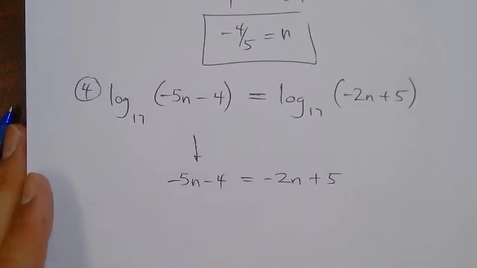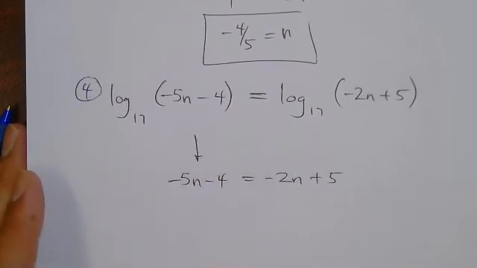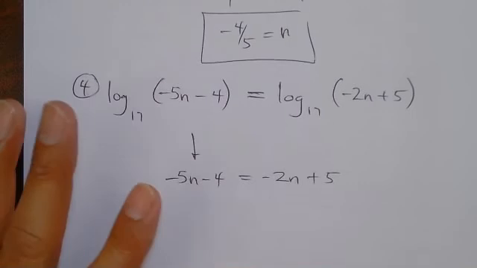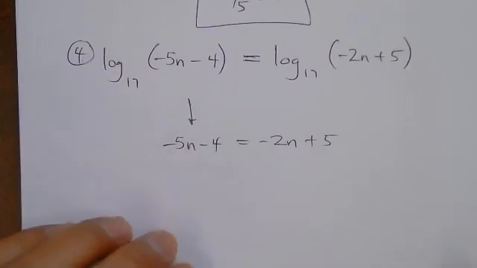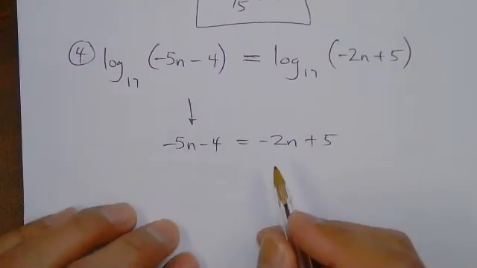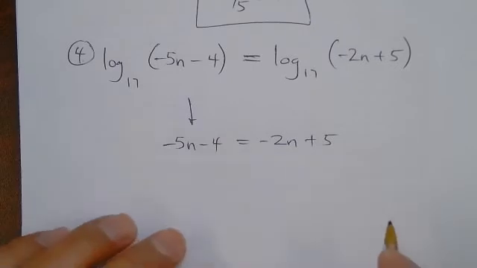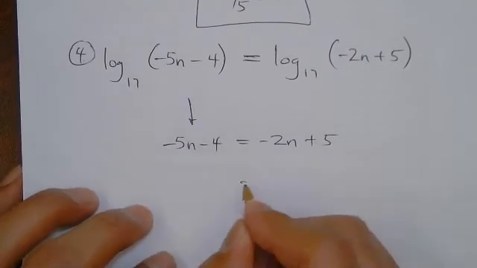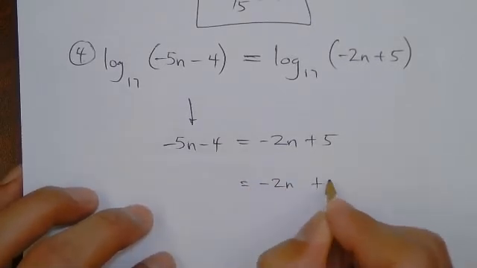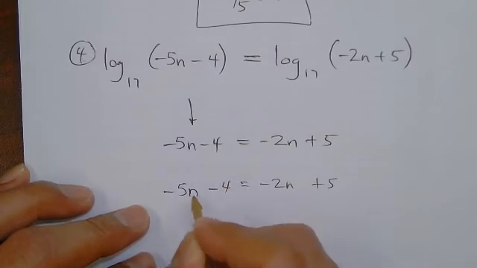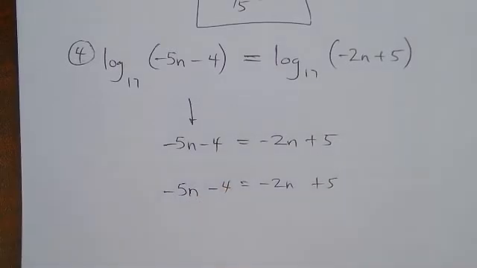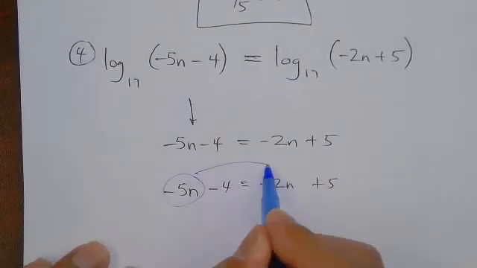Anybody get an answer? Desiree? You got it? What'd you get? -3 is correct. Okay, so it's not a race, right? But I'm going to go ahead and move all the variables to one side, all the numbers to the opposite side. So I'm going to choose to do it this way. Again, there's not one correct way to do it here. There's several ways to do this.